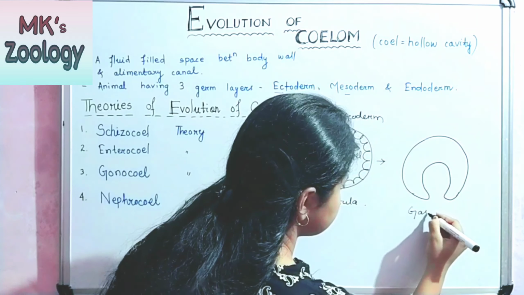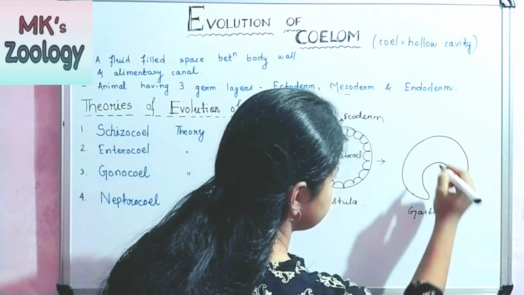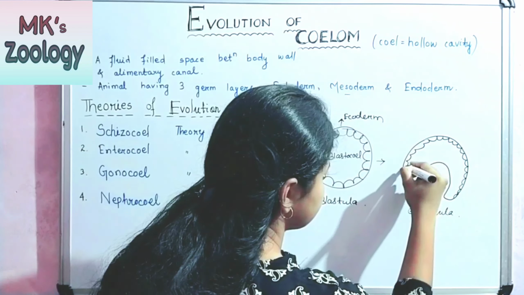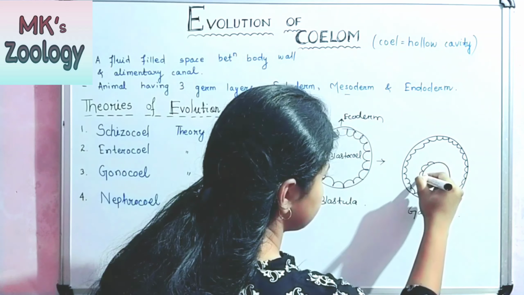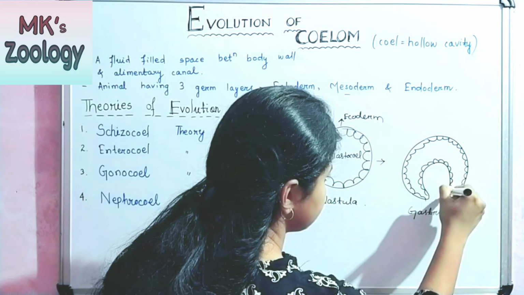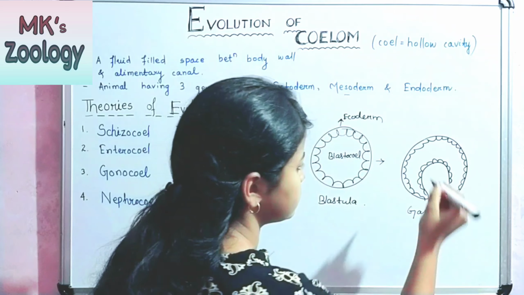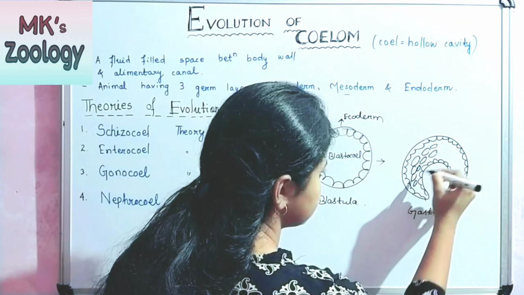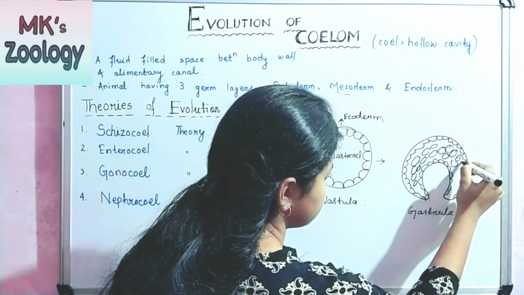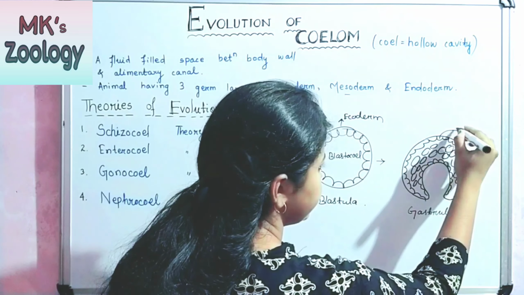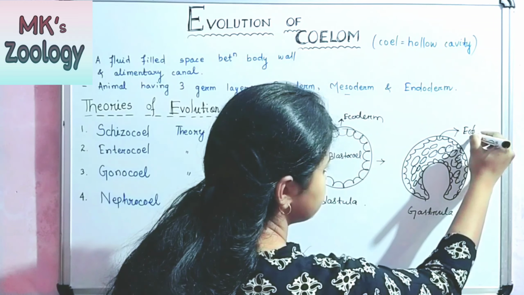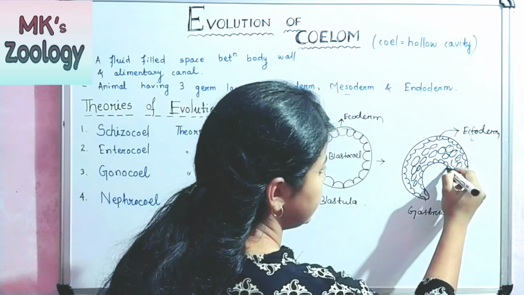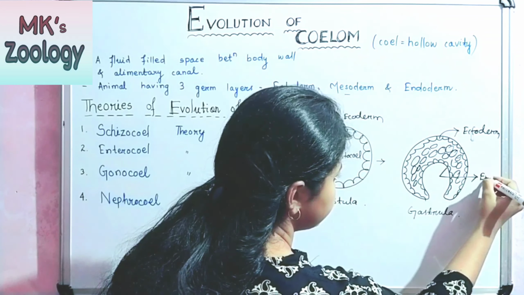Then from blastula, gastrula is formed. This is gastrula. The upper layer is the ectoderm layer. The inner layer is the endoderm layer.